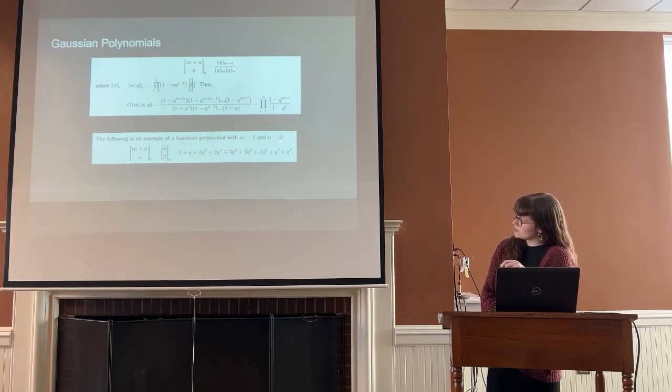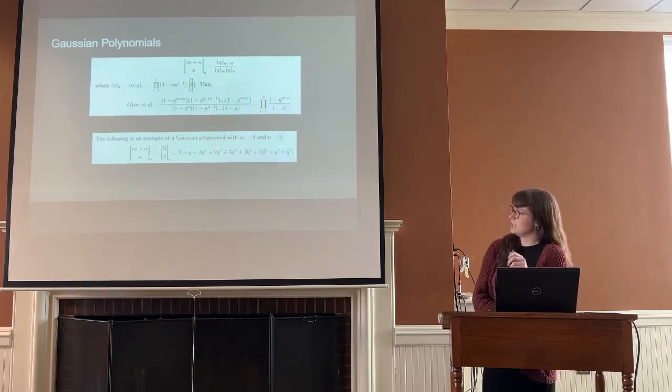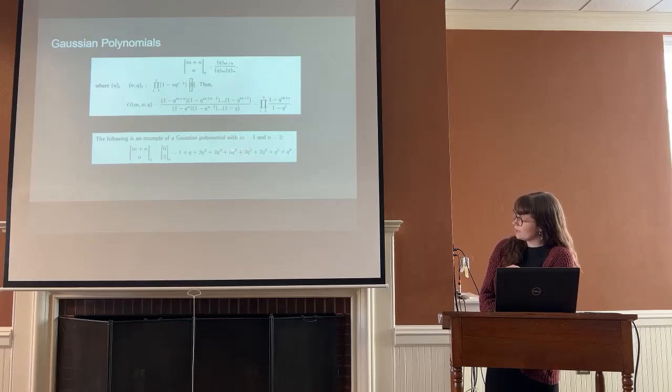Here m is 4 and n is 2. And what this represents here, if you look at this specific term, the exponents are the integer being partitioned, and the coefficients are the number of partitions which fit inside the m by n rectangle. So there are 3 partitions of 4 which fit inside a 4 by 2 rectangle.